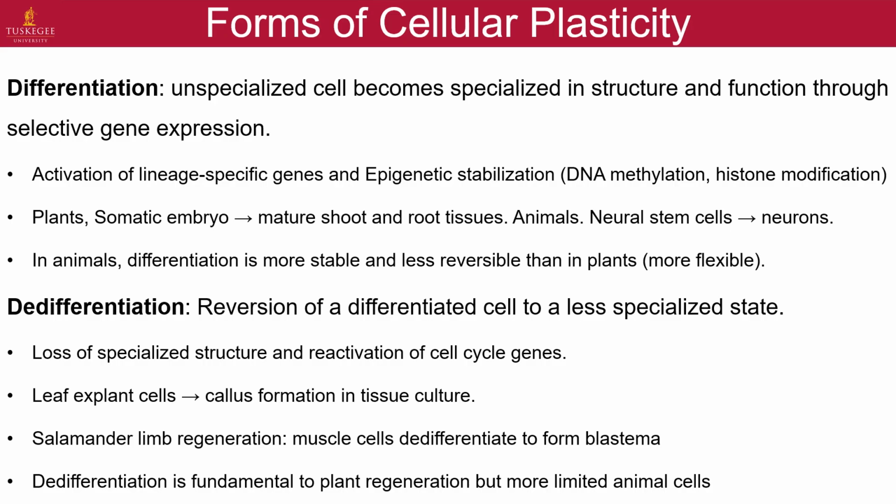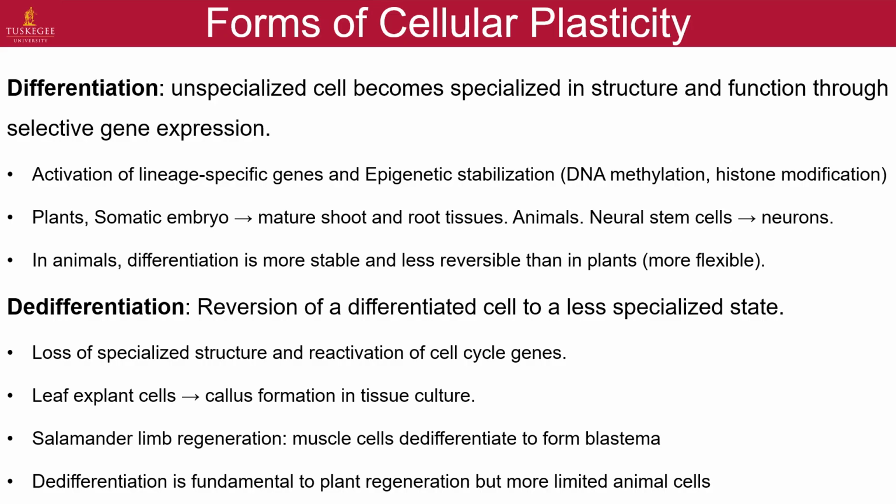In plant cells, however, differentiation occurs, but it's not as permanent as it is in animal cells. In plant cells, an example of differentiation is the development of a somatic embryo from a somatic cell. So we get a somatic cell, it develops into a somatic embryo, and then that somatic embryo can develop into mature shoots and root tissues.